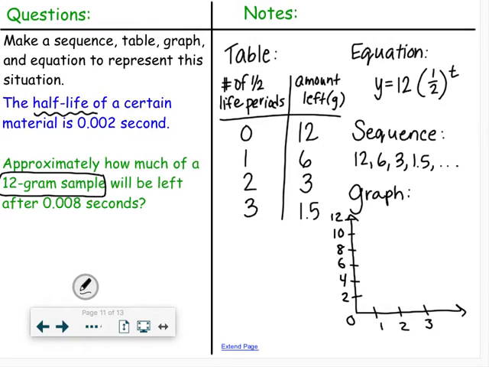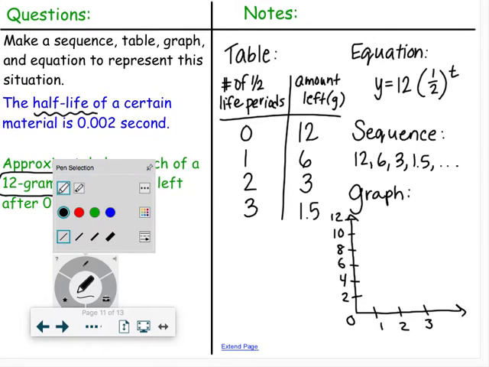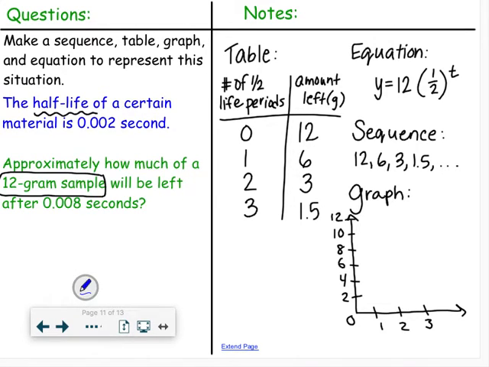The curve on this one turns out really nice because it's a higher percentage of change. So the sample amount in grams, and the number of half-life periods.